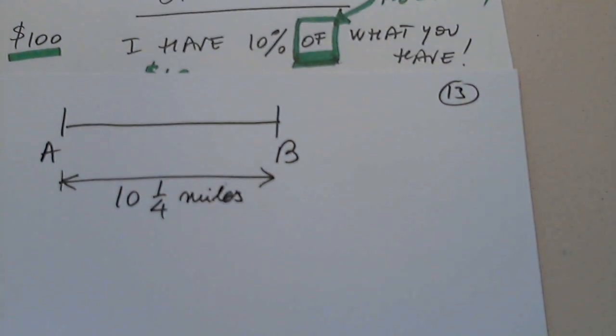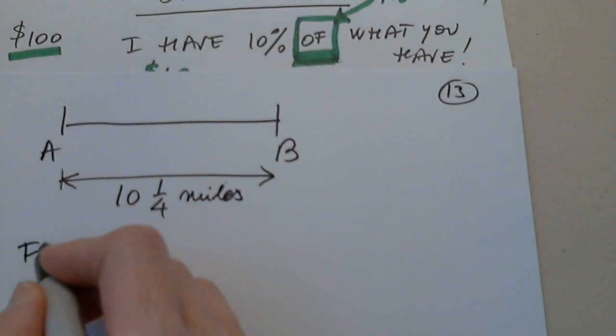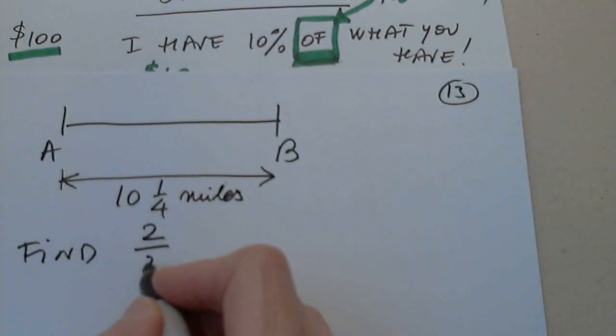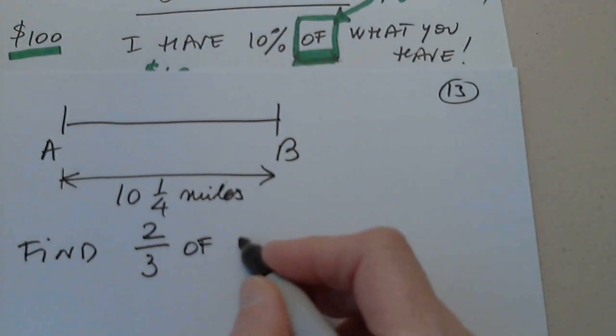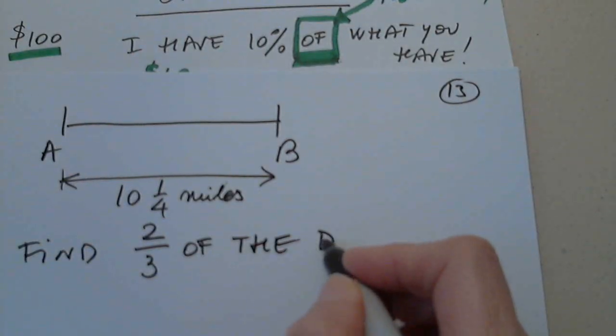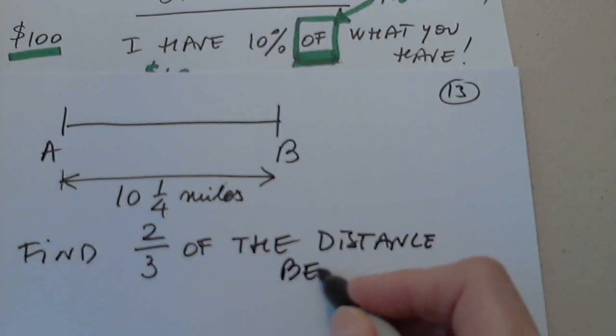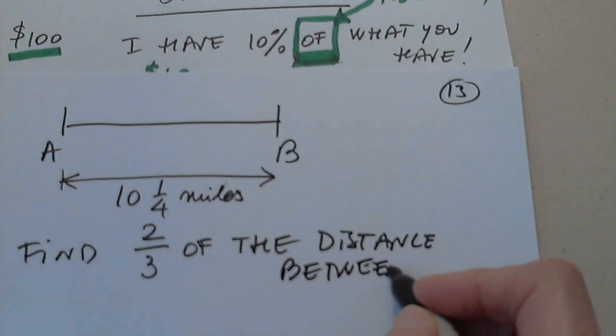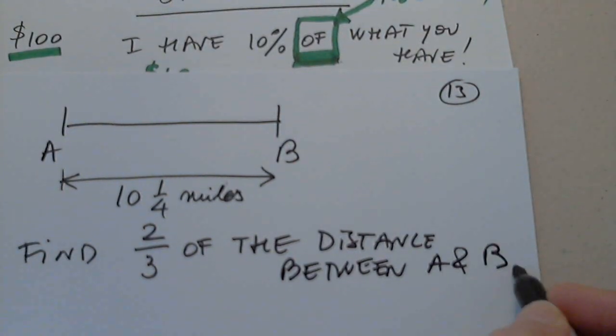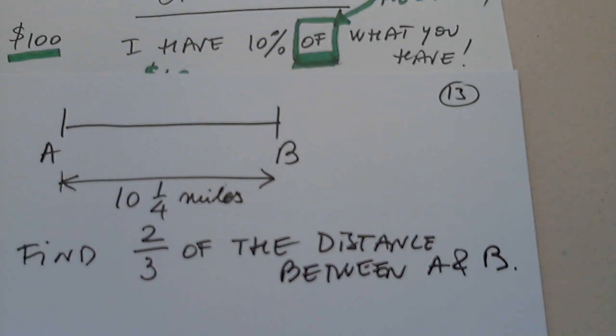They're asking us to find 2/3 of the distance between A and B. They want us to find 2/3.